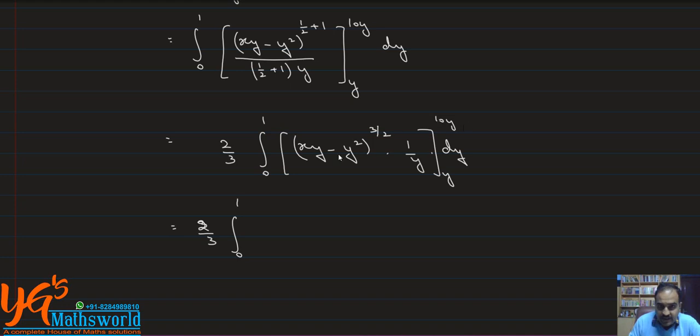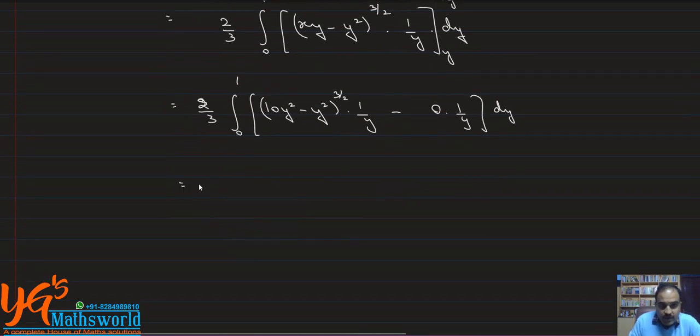Now upper limit minus lower limit: 2 by 3, 0 to 1. The upper limit is 10y, so 10y into y, that is 10y square minus y square, raised to power 3 by 2, into 1 upon y, minus the lower limit, y into y square minus y square, which is 0, into 1 upon y, and then we have dy. So it will be 2 by 3, 0 to 1, 10y square minus y square, that is 9y square.